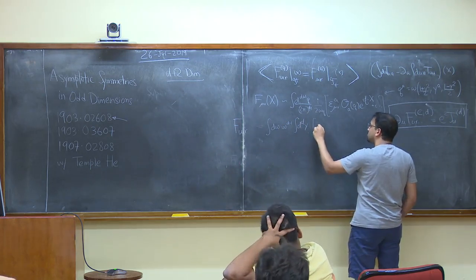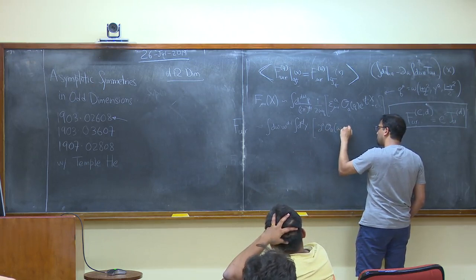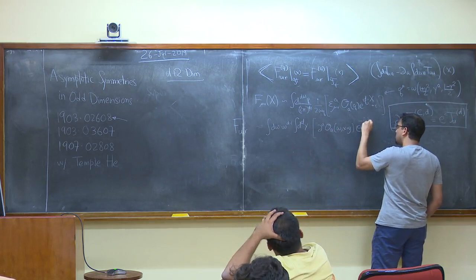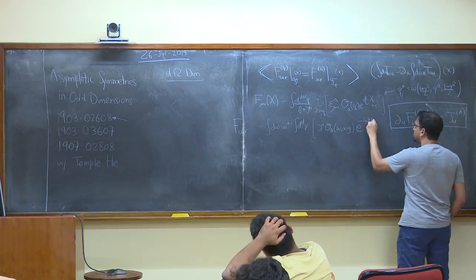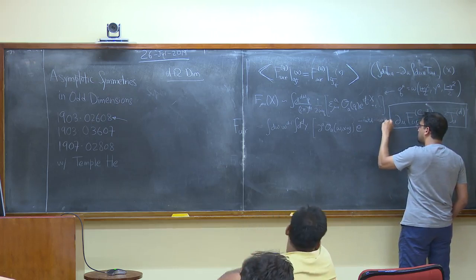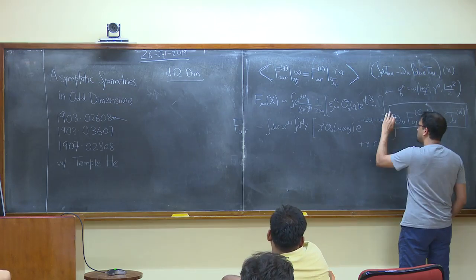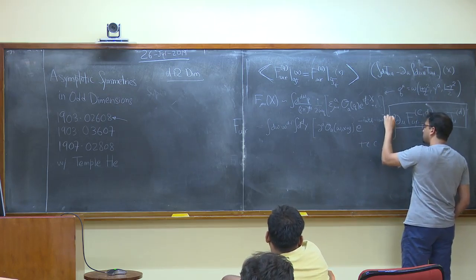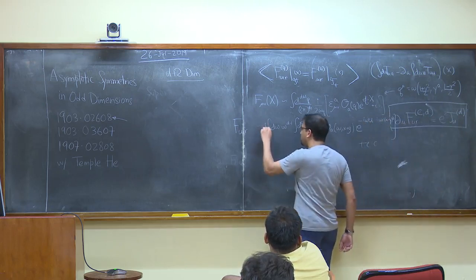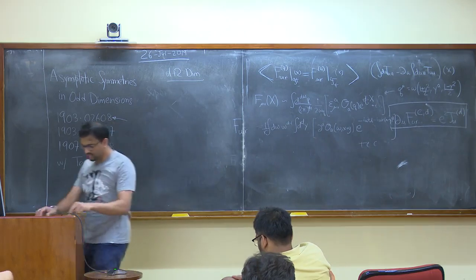This becomes del A, U minus i omega R x minus y squared plus complex conjugate. Okay, so let me just explain the qualitative features. Overall 1 over R should be there.